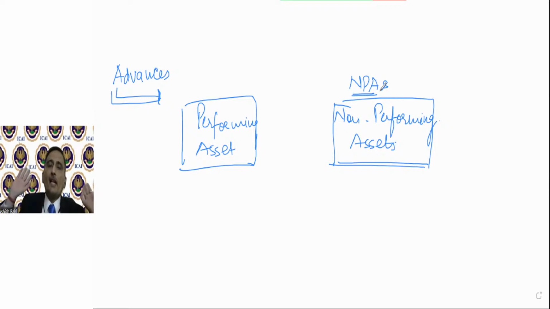Now, when you will be conducting audit of banks, students, practically a greater part of your energies would be directed towards these NPAs. So, what are NPAs, students?